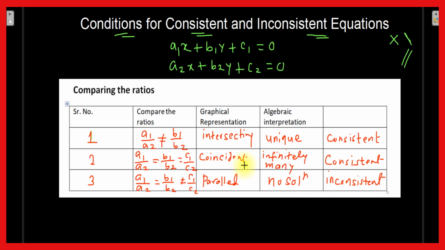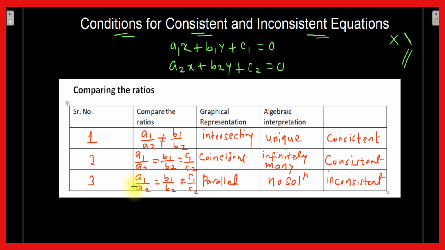So just revise: if a1 upon a2 is not equal to b1 upon b2, then the lines will be intersecting. It means it has a unique solution, and that will be called consistent equations. The second condition is that if a1 upon a2 is equal to b1 upon b2 is equal to c1 upon c2, then both lines will be coincident lines, and since they are coincident, it will have infinitely many solutions, and since there are solutions, it will be called consistent equations.